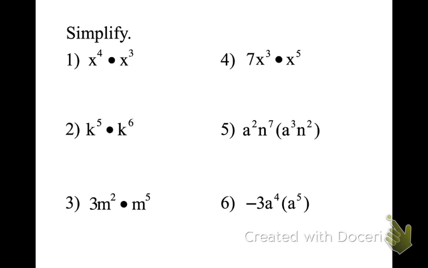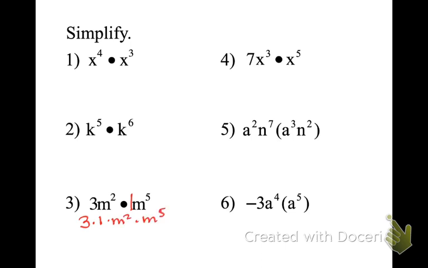Now, let's talk about number 3. We've got coefficients and variable terms, okay? What is the coefficient of the second term in number 3? 1. So when we have terms like this, we multiply coefficient with coefficient, like base with like base.